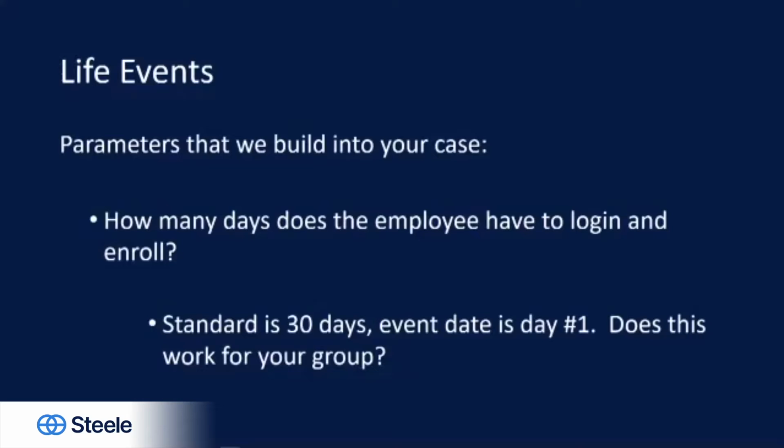And then what we do is, as you guys go along, it's really hard for you to tell us what you want to see sometimes until the event actually happens, specifically with the job class change, where you may say, yeah, we want them to have 30 days to enroll. And yeah, it just follows all the rules in the case.